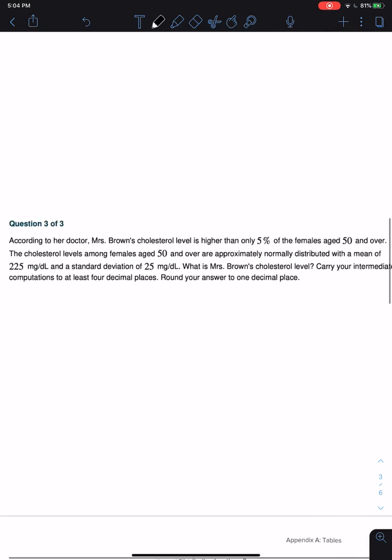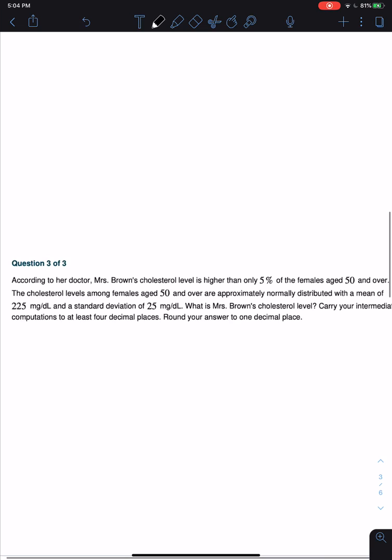I think I'll probably fit most of the information above it. This one's kind of coming at us in a little bit of a different direction. You can't really tell until you start looking at it. And that's why I think drawing the picture does help a lot with this kind of thing. According to her doctor, Mrs. Brown's cholesterol level is higher than only 5% of the females age 50 and over.